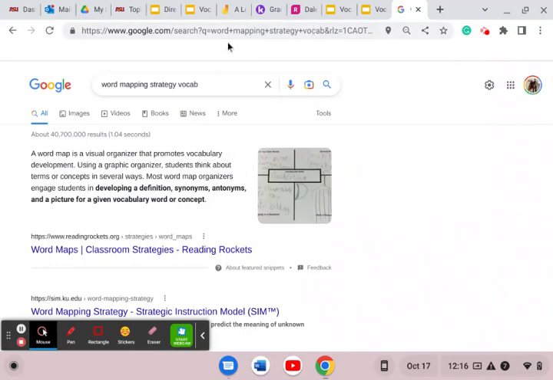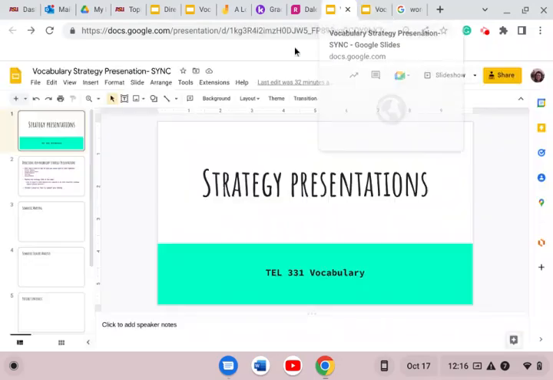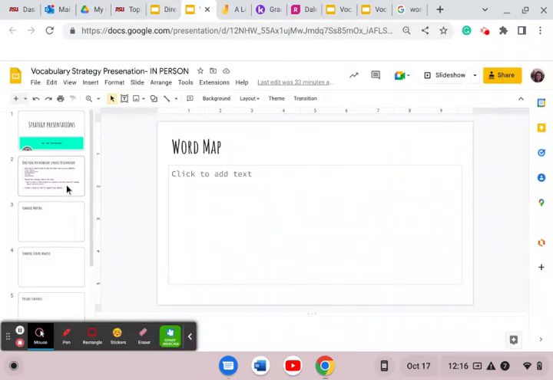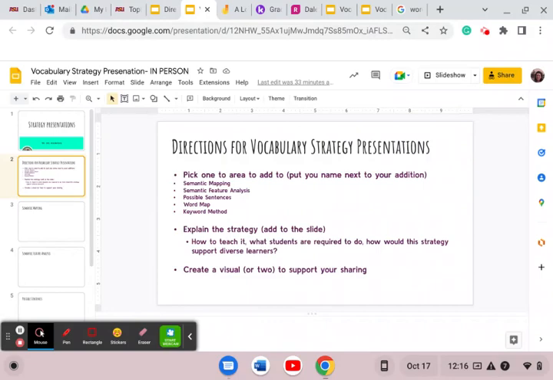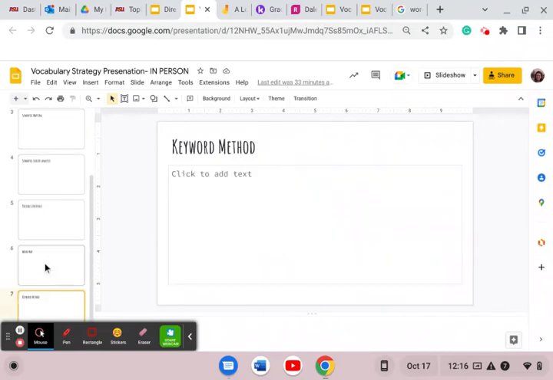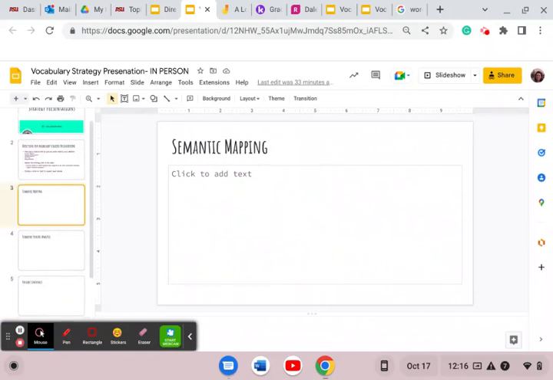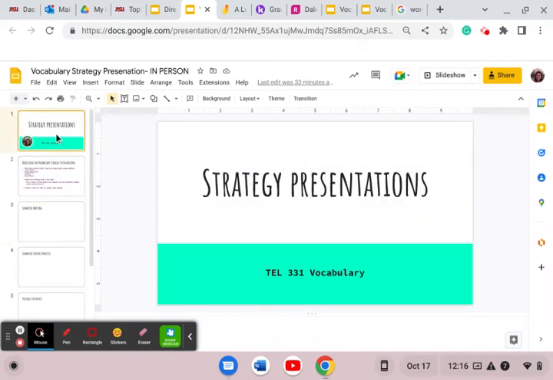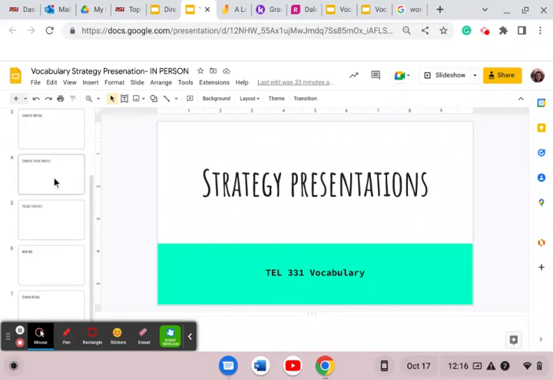And then you'll add just a little bit of information to word mapping. It says, explain the strategy, how to teach it, what students are required to do, and add a visual. Do that, and hopefully all of you will pick a new one and add something that someone else hasn't added. By the end of this lesson, you can save this strategy for vocab, and you have something to come back to.